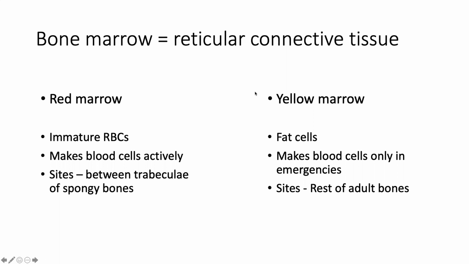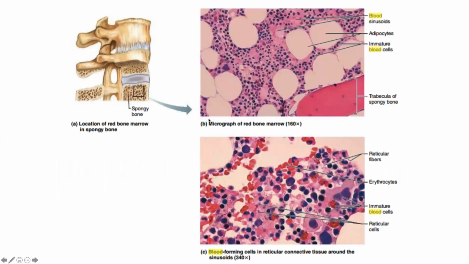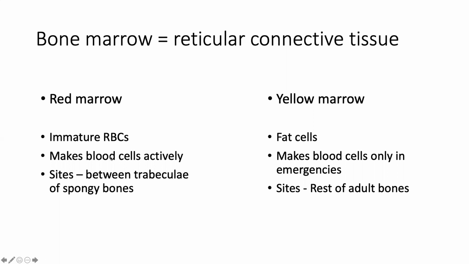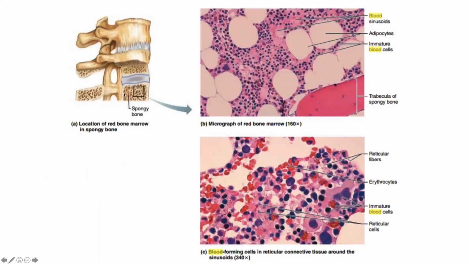Can I remind you that bone marrow is just reticular connective tissue. So these are the sites of the red bone marrow, between the trabeculae of spongy bones. This is the micrograph of the red marrow.